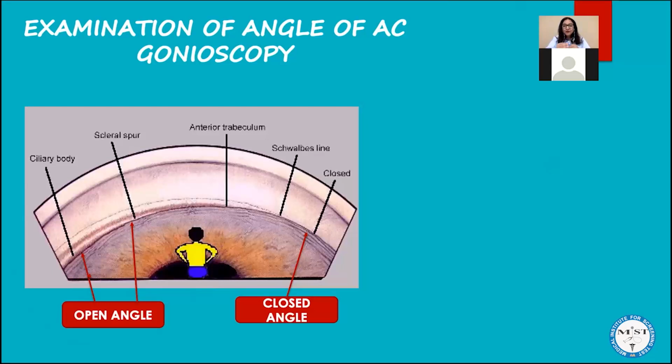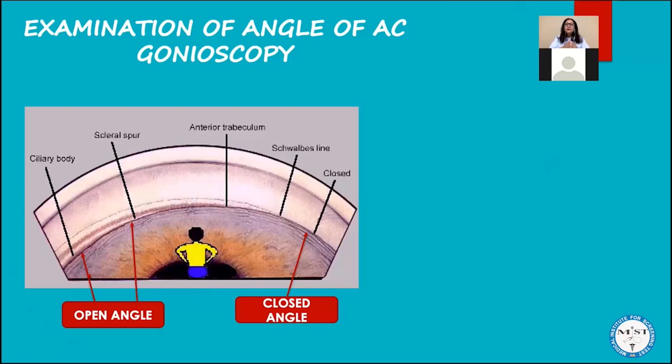So there can be obstruction. And if you are unable to see any structure in the angle, when it is completely closed, you will not be able to see what is within that. So then it is a completely closed angle, and a completely closed angle will not let the aqueous flow into the trabecular meshwork.